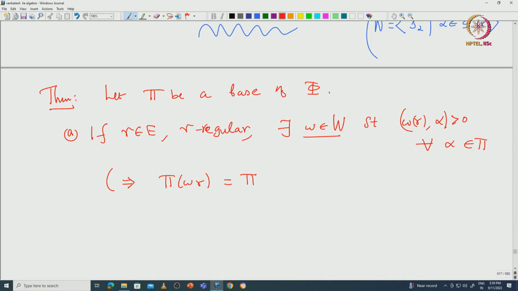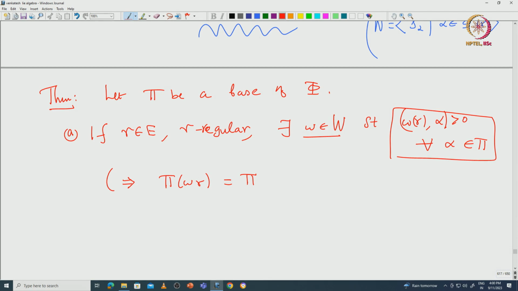this pi is uniquely determined by this thing. If we go back to the definition of this pi, then pi will be exactly equal to some pi of gamma dash.